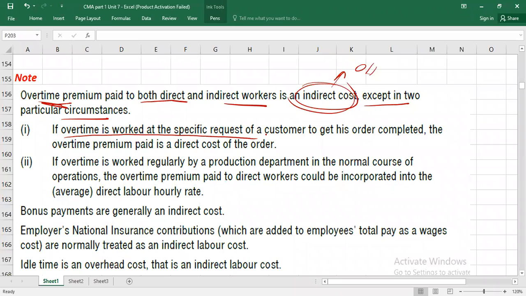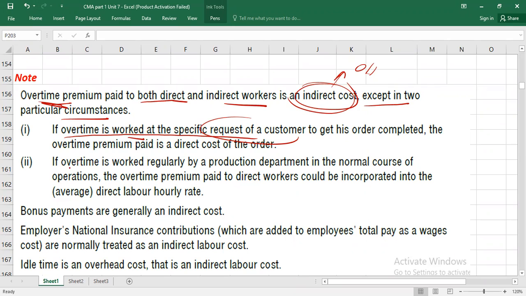So I can consider my cost as direct cost, not indirect cost. So if the customer demands the work to be done quickly, you have to work more time and he is ready to pay the overtime premium, that will be treated as direct cost, not indirect cost.